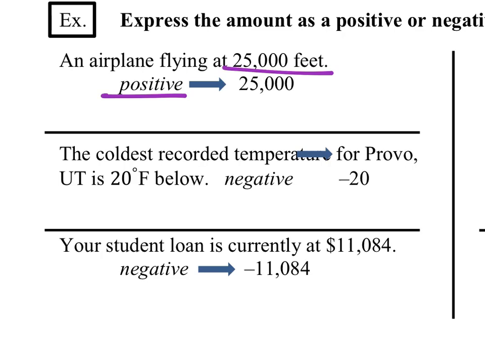Now this one says the coldest recorded temperature for Provo, Utah is 20 degrees Fahrenheit below. Since it's below, that is what would make it a negative 20. Or if you have a student loan that's currently at this much, again, that's how much you owe. Therefore, it is also considered a negative.